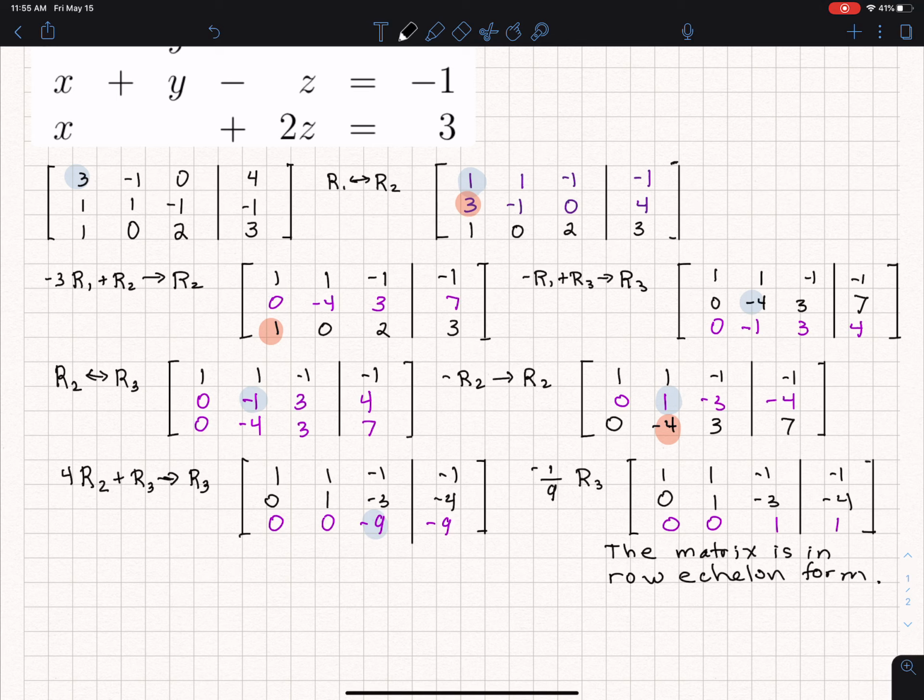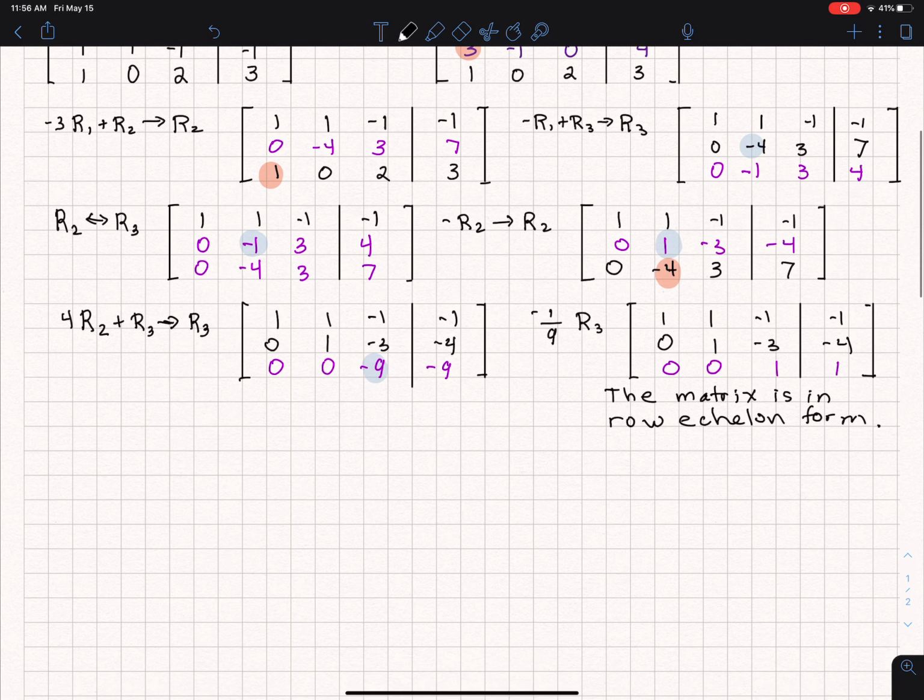Then you go below that, and the first entry is a 1, and above it to the left is a lead entry. Below it, there are no lead entries. There's zeros below, and you keep going to the third row. The first entry is 1. So that's in row echelon form. What it looks like is an upper triangular matrix with zeros below the main diagonal.